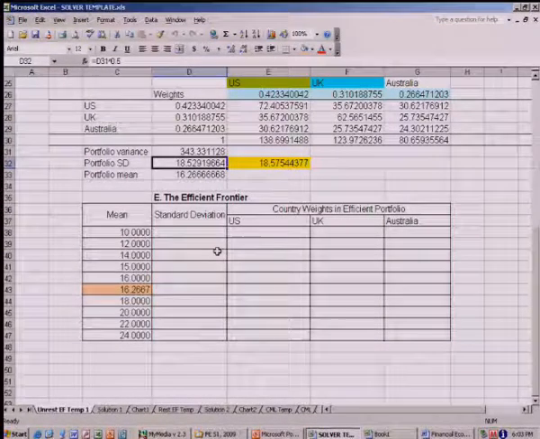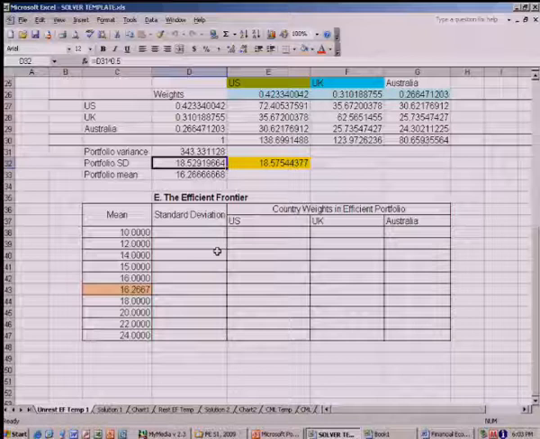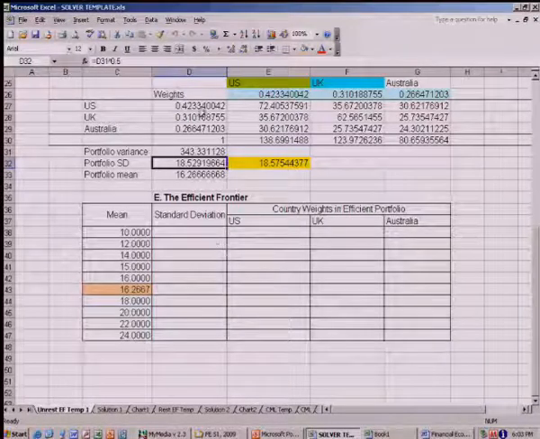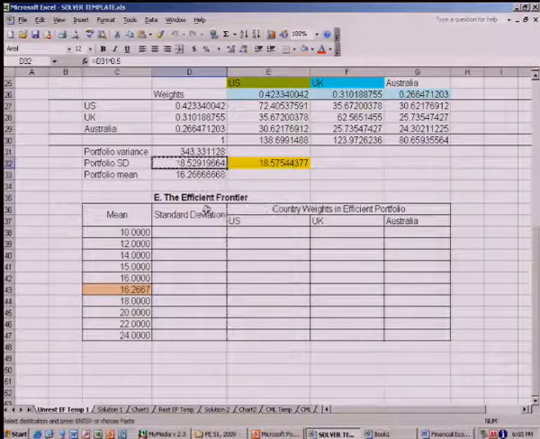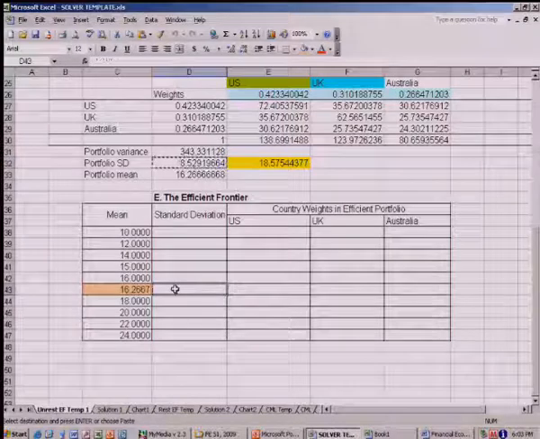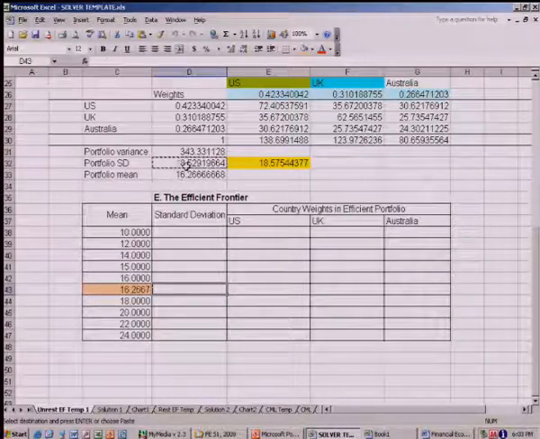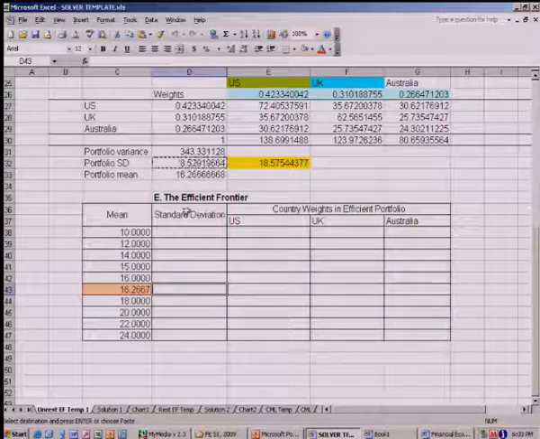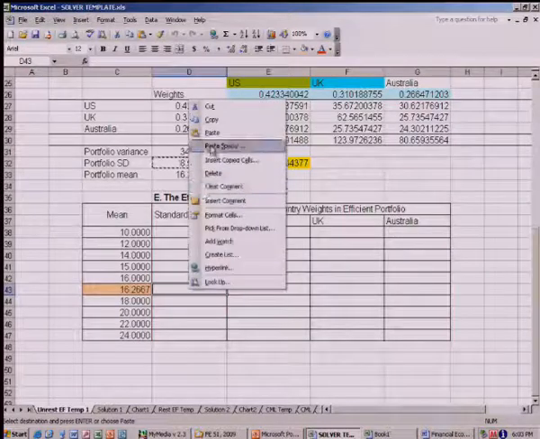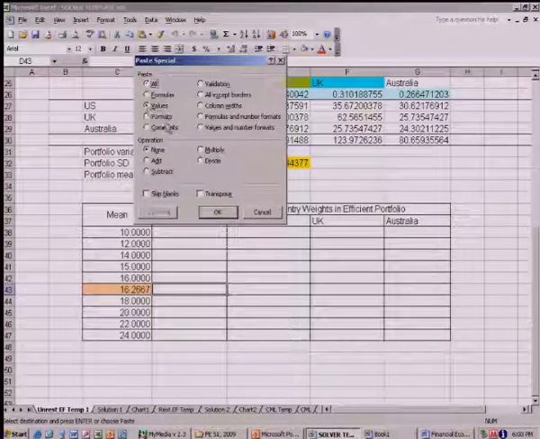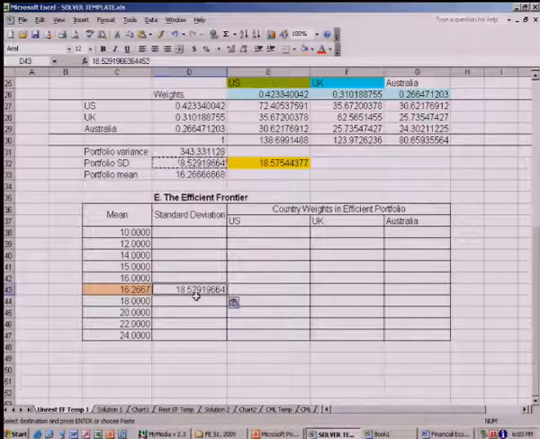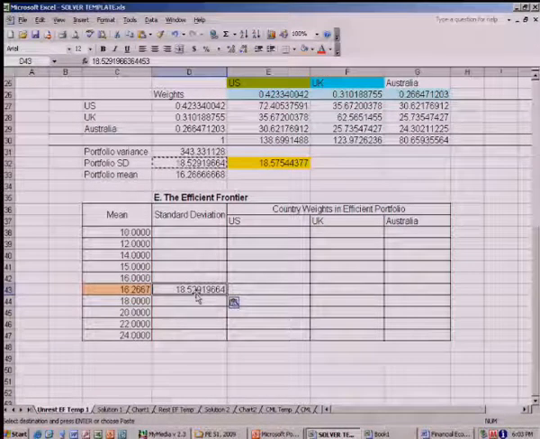But before you can go ahead and find all the other points on the efficient frontier, you will first need to copy and paste these cells in this blank table below. So the first one which I'll do is I'll copy this portfolio standard deviation, and I'm going to paste special it in the cell next to the particular target return.